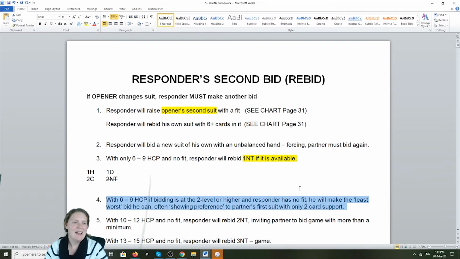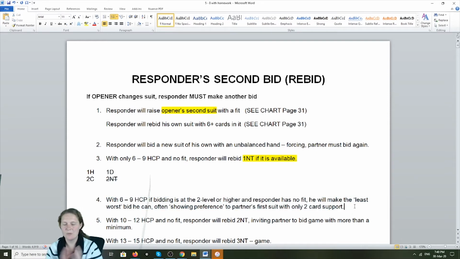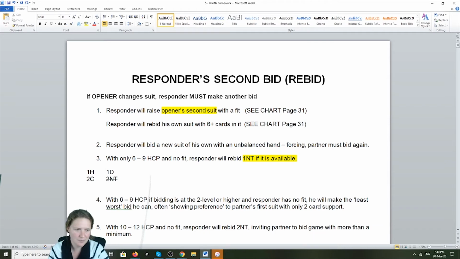Okay. Let's have a look at what that means with some demonstration hands, is probably the best thing to do, but I will give you a little rule that kind of helps with this particular situation.